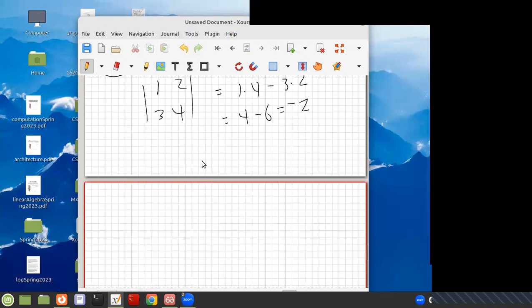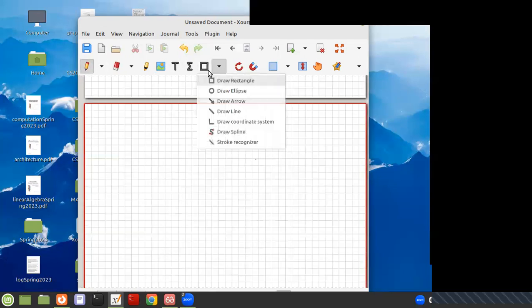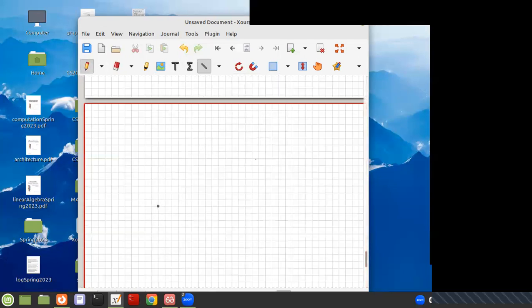But the question is, can we look at this geometrically and verify it? This one was 1, 3. So I go over 1 and up. Here are some coordinate axes.